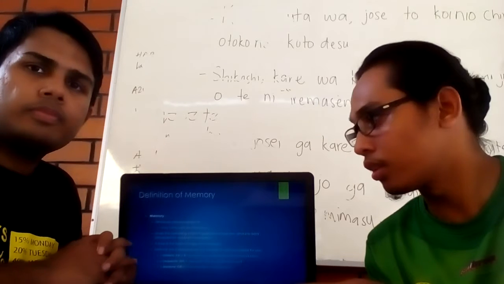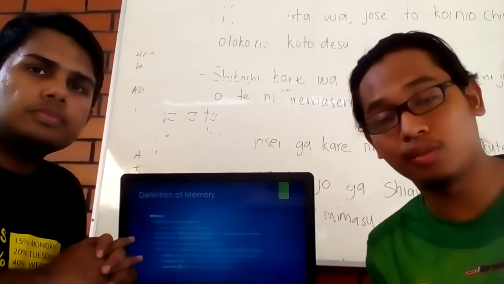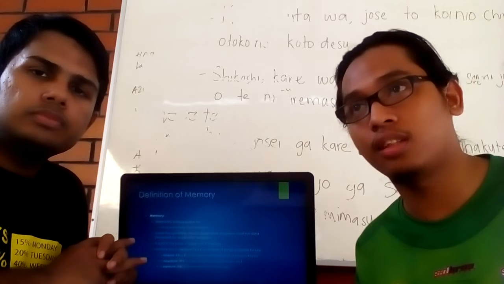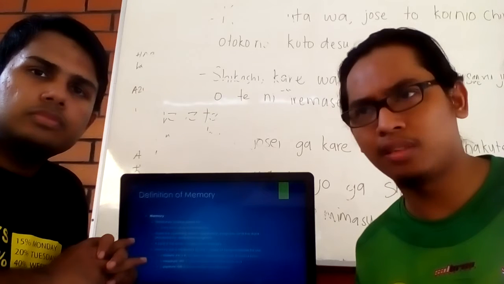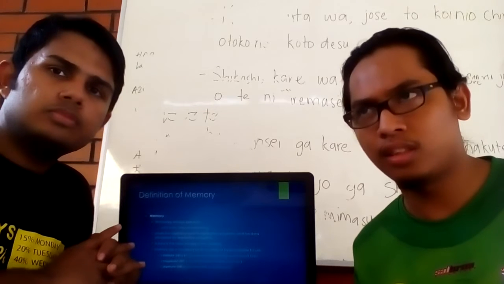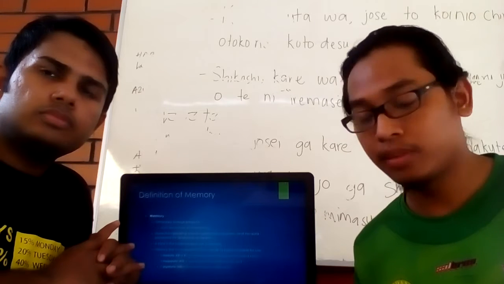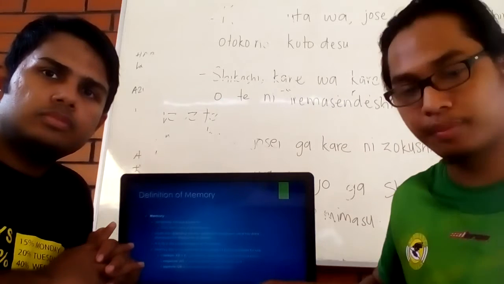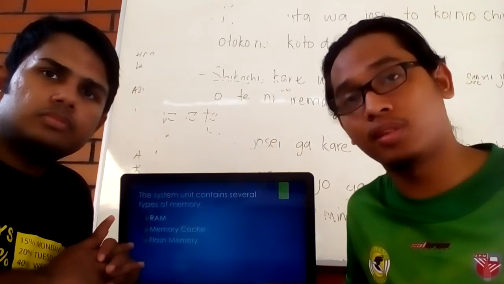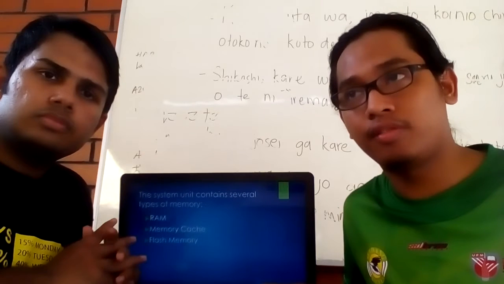It turns to me to define the memory. The definition of memory: memory is the temporary storage place for instructions, data, and information, and a byte is the basic storage unit in a memory, such as kilobyte, megabyte, and gigabyte. The system unit contains several types of memory like RAM, random access memory, memory cache, and flash memory.